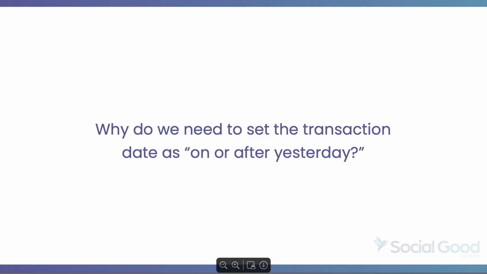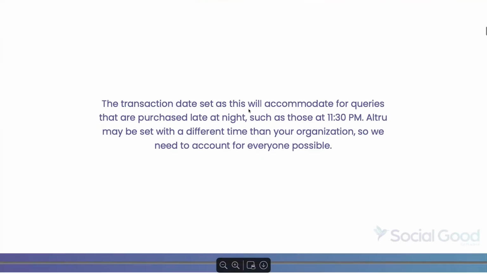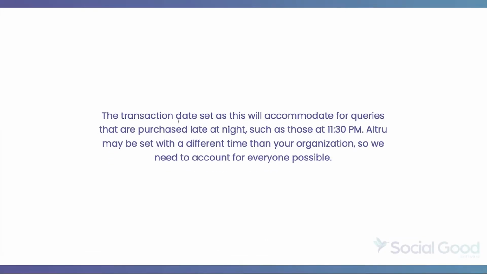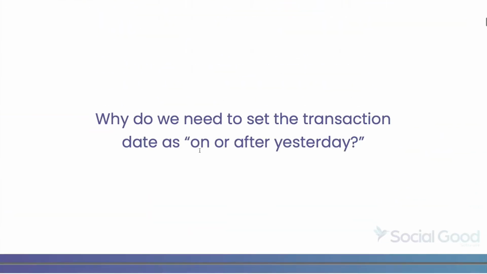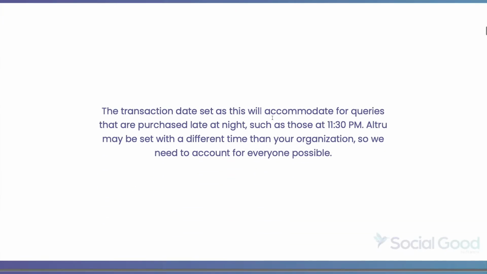So the reason we're doing that is for a specific reason. Using the option of on or after yesterday will accommodate the queries who purchase late at night, such as 11:30 p.m. Altru may be set with a different time than your organization, so we need to account for everyone who possibly will buy late at night.